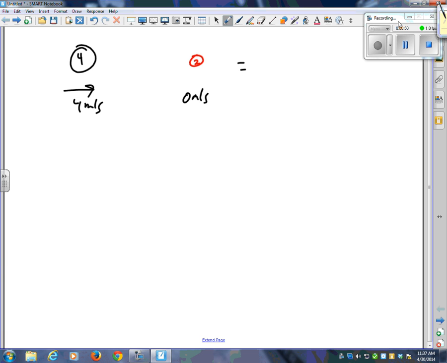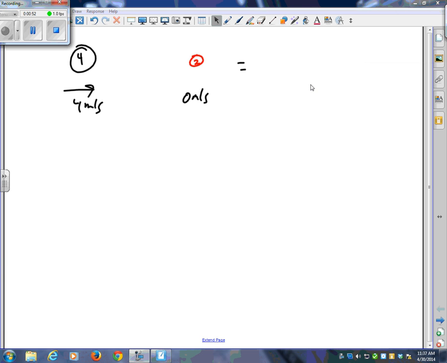I'm going to draw over here the final: the 4 kilogram ball ends up going 2 meters per second east. That's what we have to find.